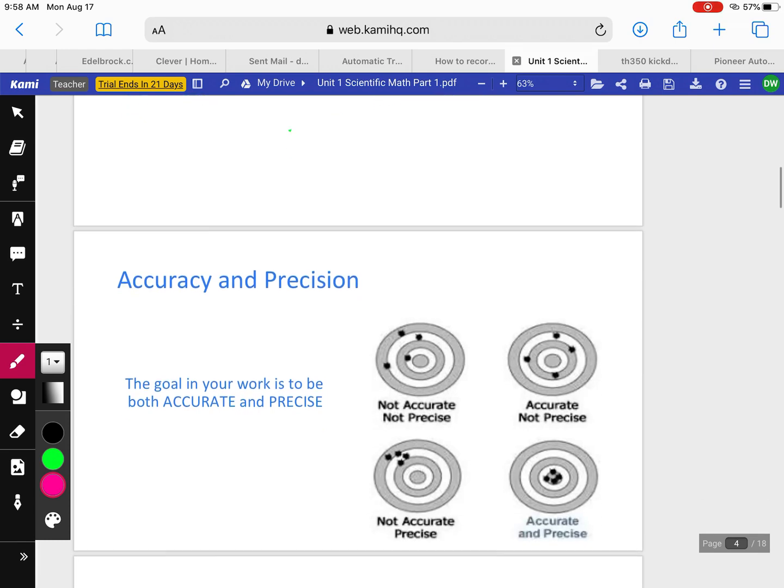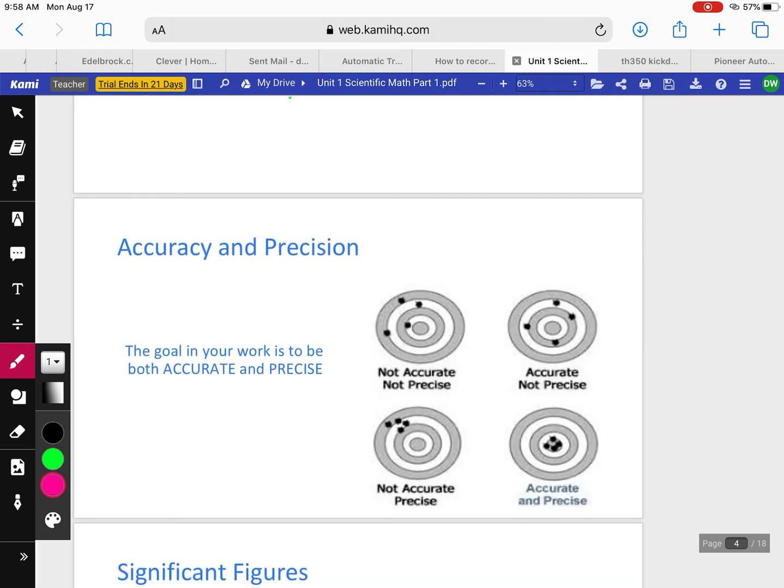All right, so if you look at this dartboard right here, we have the first picture, which has the darts all around the place. They're not accurate, nor are they precise. They're not near the bullseye, and they're not all together.